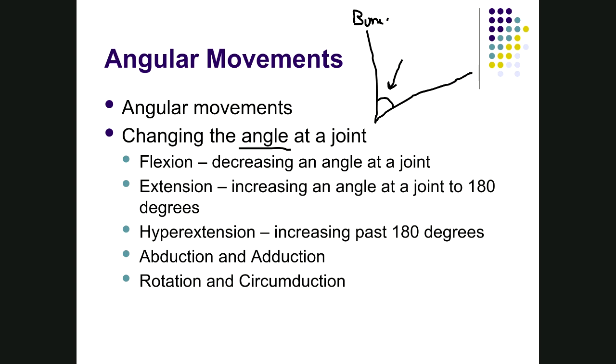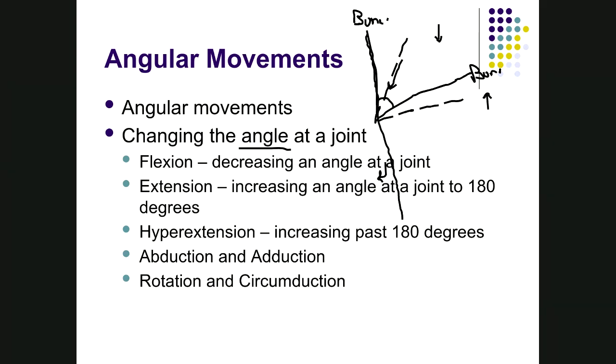What we can do is we can move them so that these are closer to each other. In other words, we're decreasing the angle. We can also move them so that they're further away from each other. So we're increasing the angle. And that works all the way up to 180 degrees. And some joints keep going.